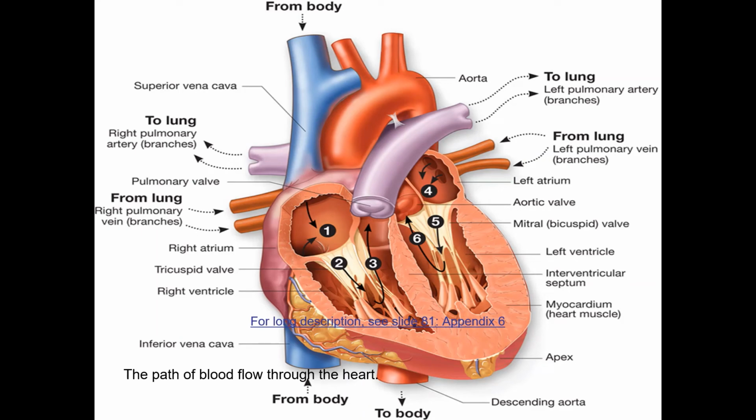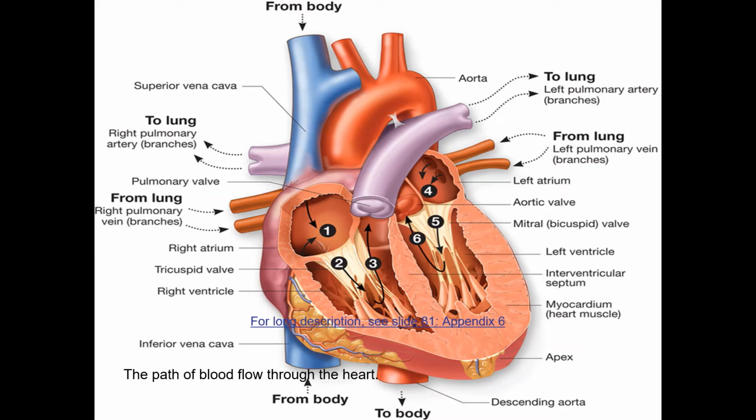So, a bigger picture of the way it goes. We come in from the body to the superior vena cava and the inferior vena cava, which are big highway interstate blood vessels. When it gets to the right atrium, it goes through the tricuspid valve into the right ventricle.